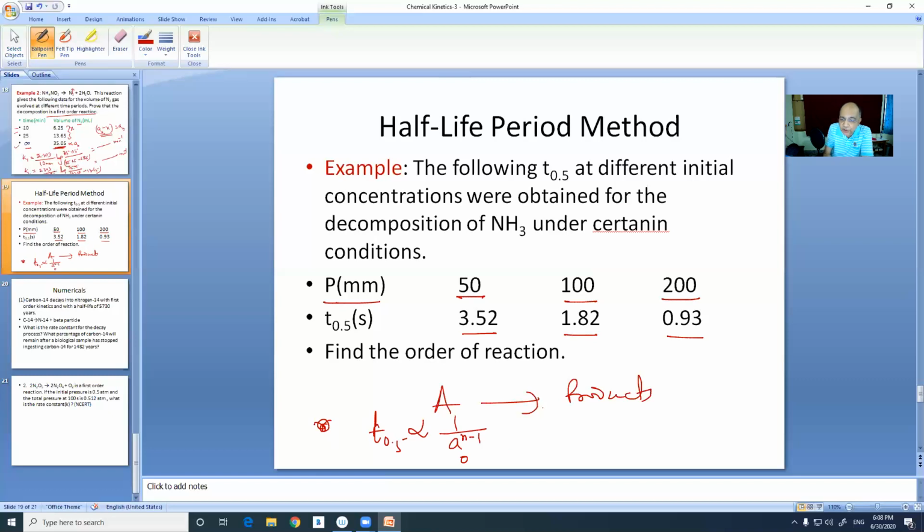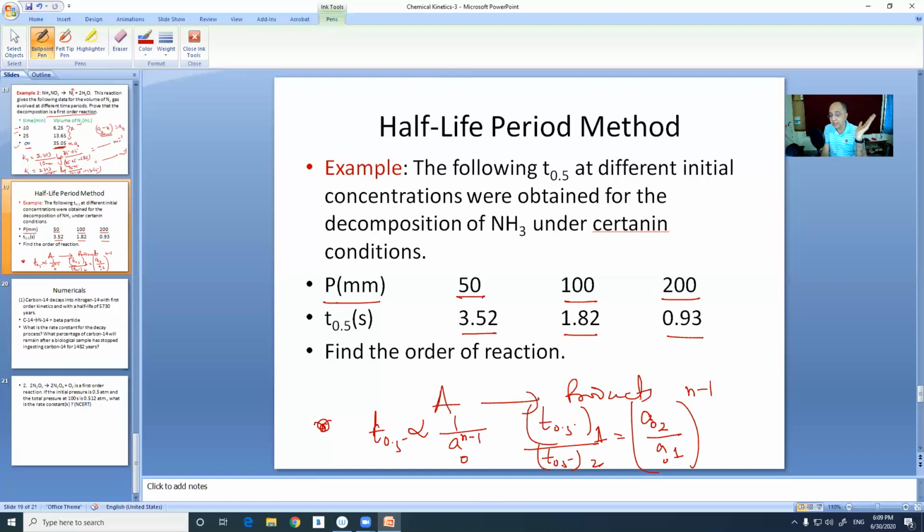So if you take the ratio, t half 1 by t half 2 is equal to, k will be cancelled, A02 by A01 to the power n minus 1. So this 1 is here, 1 is here, 2 is here, 2 is here, because they are inversely proportional and the power is n minus 1.